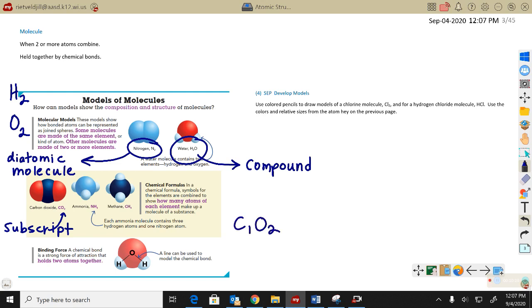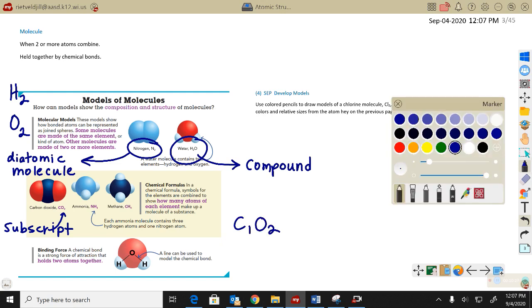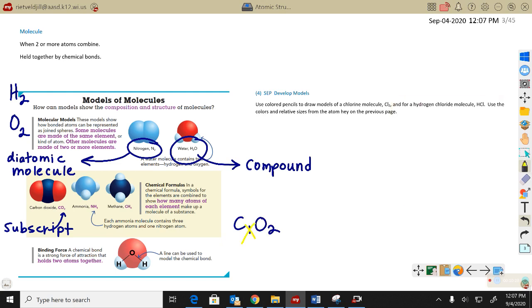And usually we leave off the 1 if there really is only 1 atom of a particular element. So if you put a 1 in, I'm not going to mark it wrong, but obviously you don't have to put 1s in. But you have to put in a 2, 3, 4, or whatever. Then that indicates how many atoms of that particular element are bonded together in this molecule.